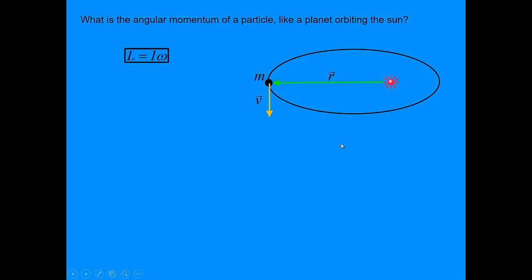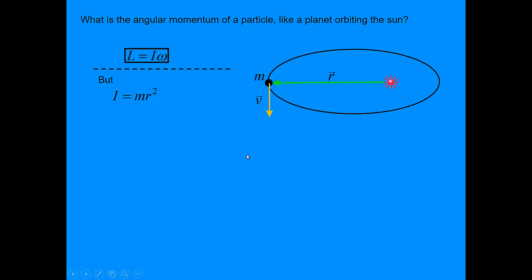The angular momentum of a rigid object rotating about a fixed axis is I omega. So what would the rotational inertia of this planet be? Well, it acts like a point particle, and a point particle has a rotational inertia of m r squared. But I did not give you the angular velocity, I gave you the linear velocity.